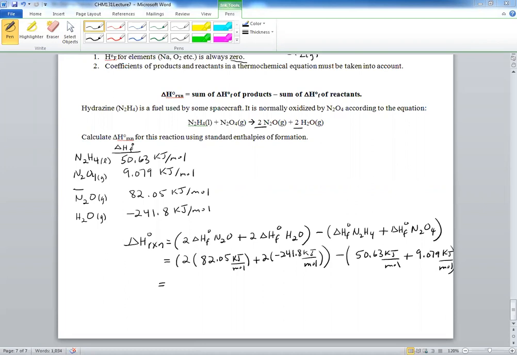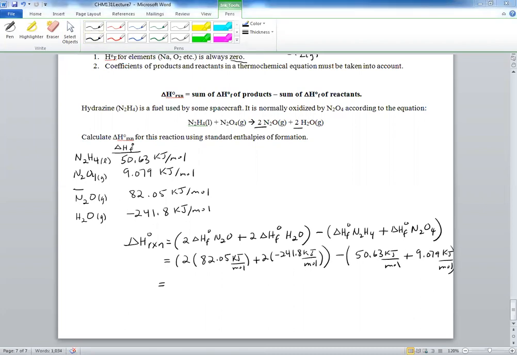So you plug that into your calculator. If we plug that into the calculator, we do this side first and then minus that side.